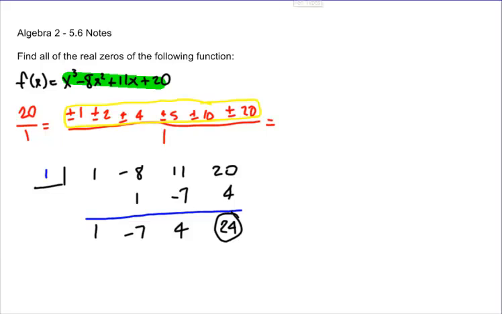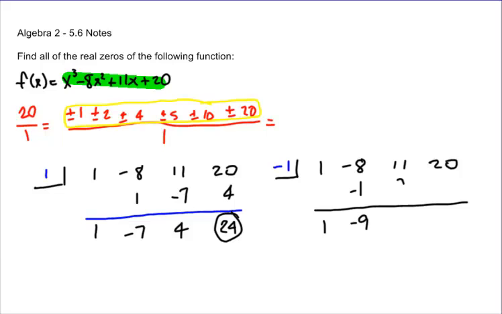Since we got a remainder of 24, we know that 1 will not work. So we're going to try again, but let's stay close to home. Let's try -1. When I do that, I have 1, then 1 times -1, then -9, then +9, then 20, and then, hey, looky here, we get a remainder of 0.